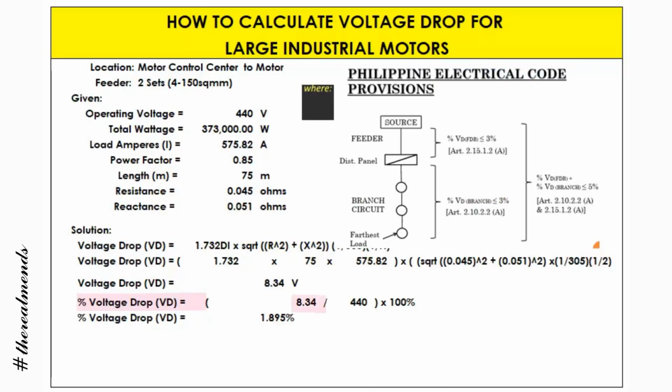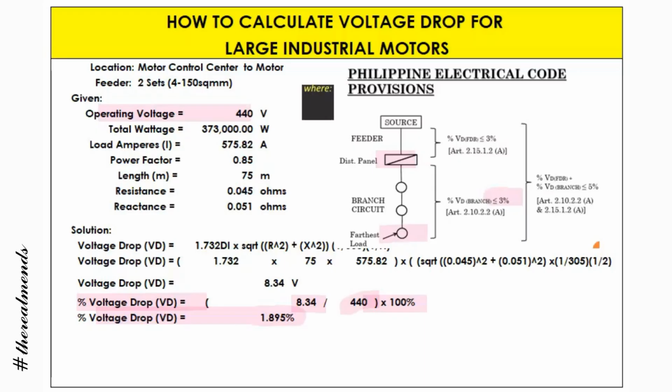So after that, we have VD in percent. Divide mo lang to ng kanyang operating voltage, which is 440, times 100. So our voltage drop in percentage is 1.895%. So if you look on our provisions, it states that from distribution panel to power this load using ating motors, the maximum voltage drop must be less than or equal to 3%.